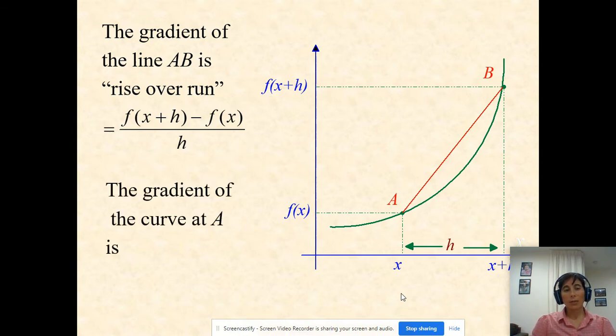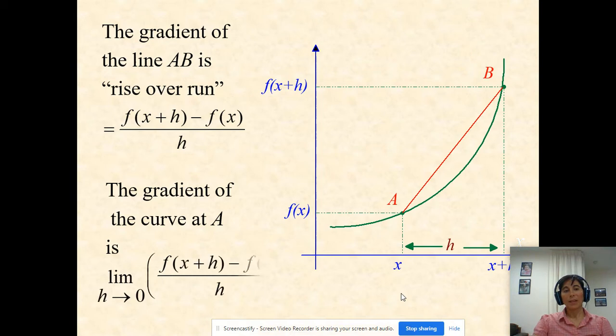The gradient of the curve at A is going to be the limit as h tends to 0 of f of x plus h minus f of x all over h. And this is how you can differentiate using first principles.